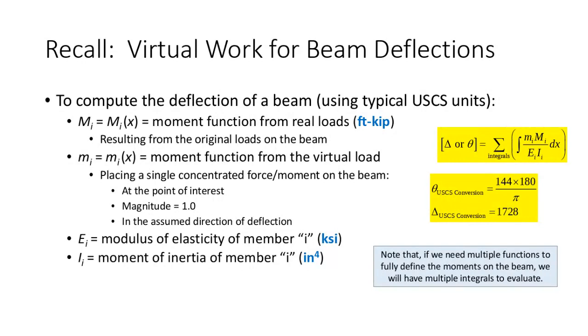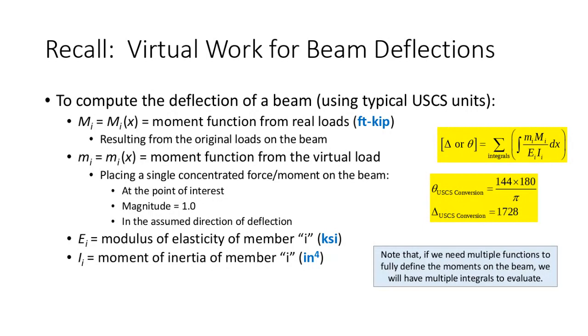Beyond that, we need the flexural stiffness properties, the modulus of elasticity E and the moment of inertia I. Once we have all that, we sum up all of our integrals, and there's our deflection. The only other thing to consider is unit conversions.